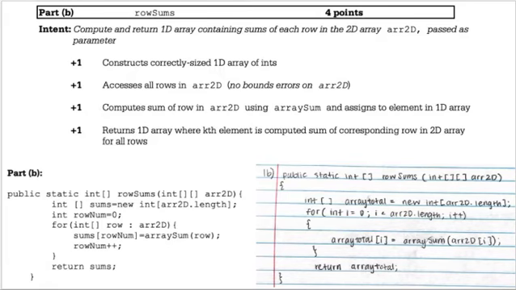So I used arraySum to get the sum of each row, and then I just returned the array at the end.